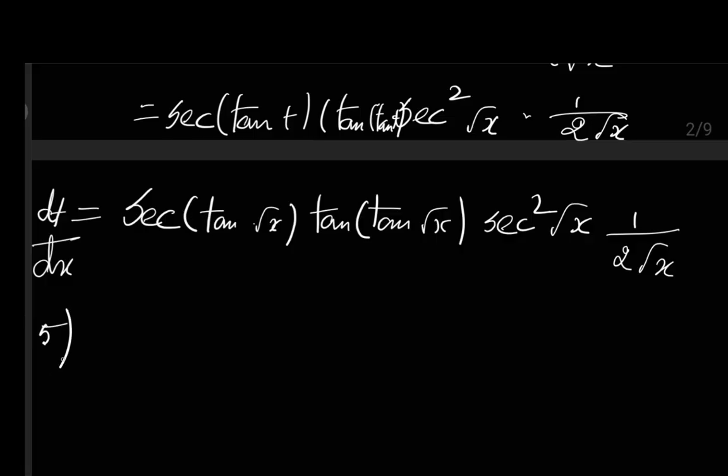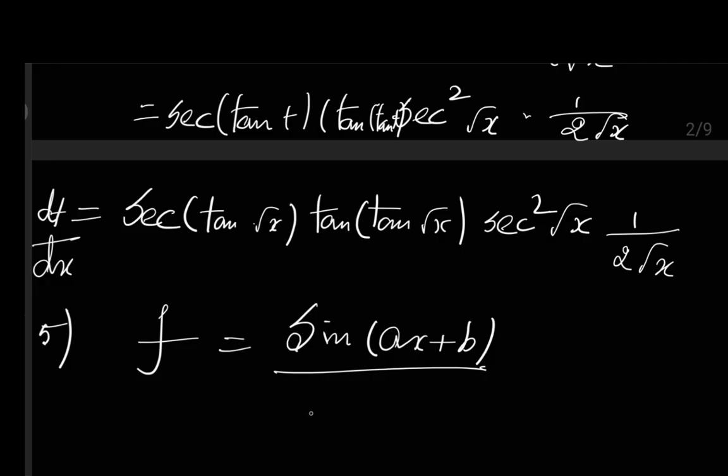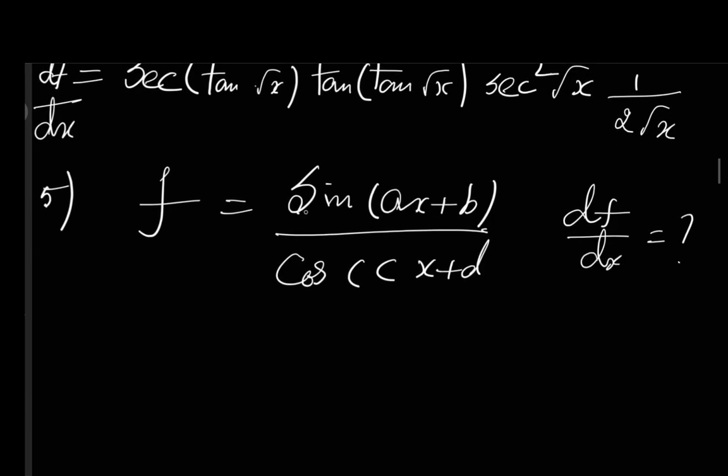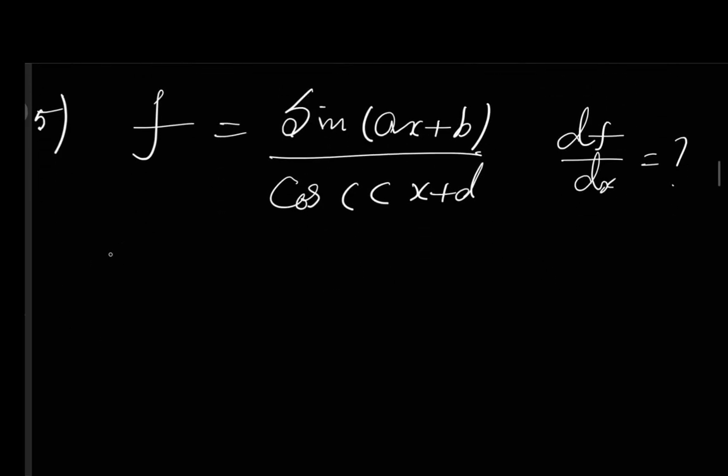Next, fifth sum. f is sine ax plus b divided by cos cx plus d. Find df by dx. Here again, sine ax plus b is one function, and cos cx plus d is another function. Numerator and denominator are each functions.